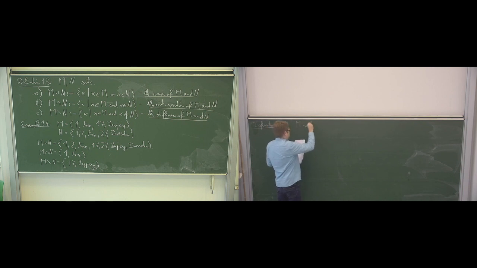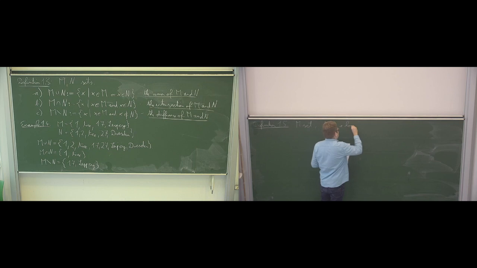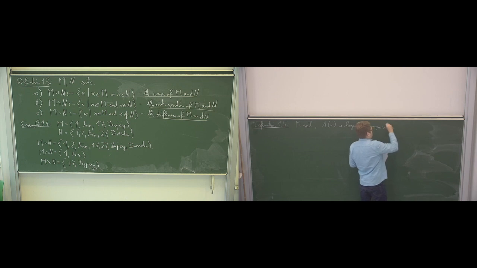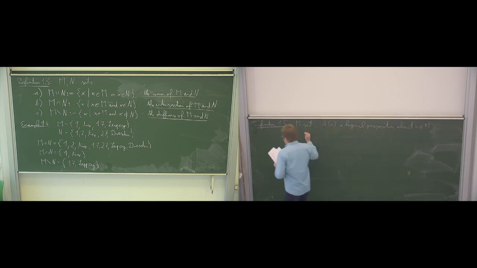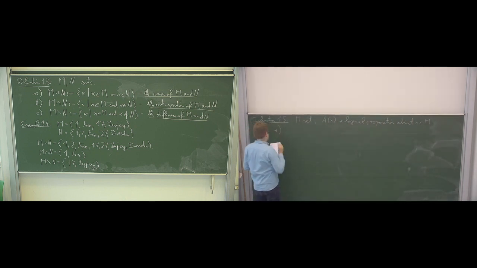just take a set M and A of X, a logical proposition, making statements about elements of M. Then we introduce the following symbol. This symbol here, it's like a capital A upside down. This means for all.